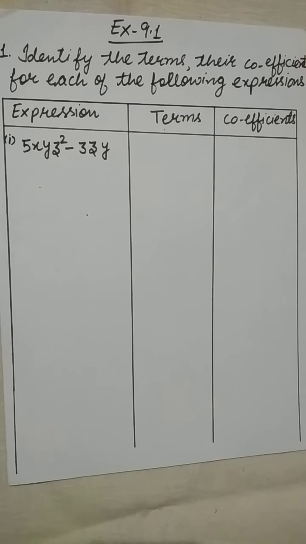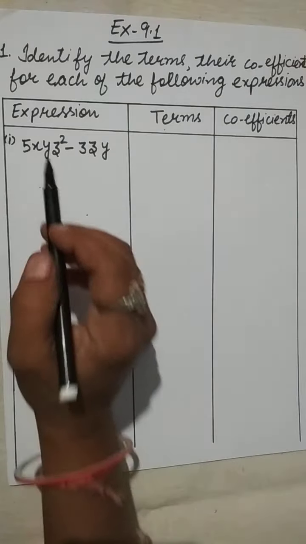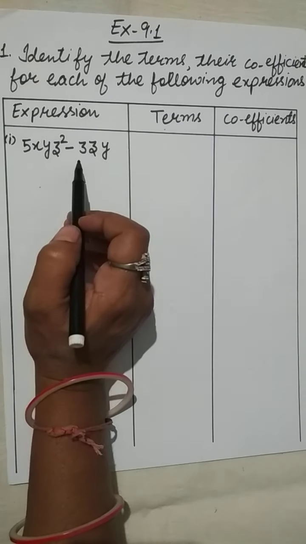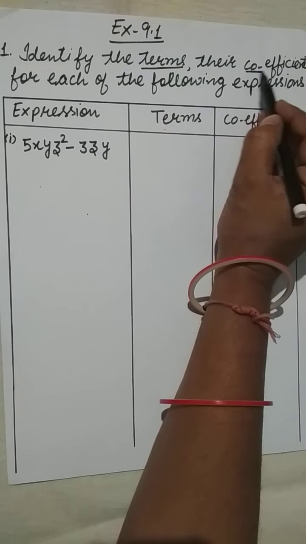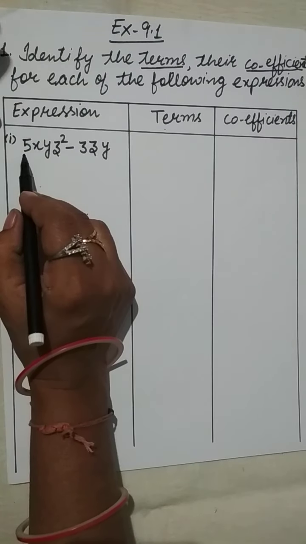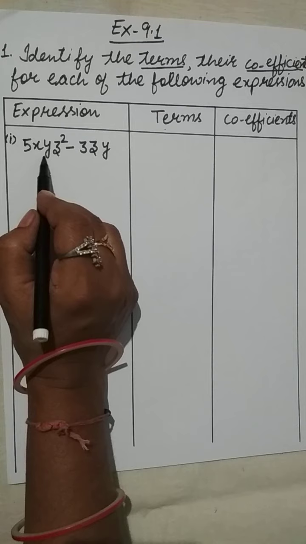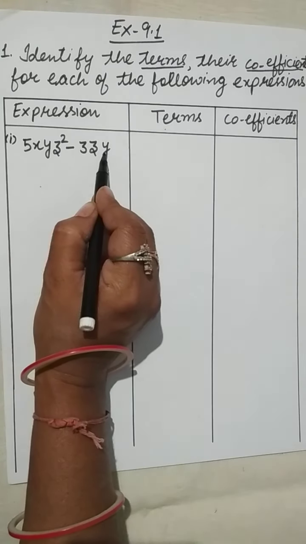Exercise 9.1. Identify the terms and their coefficients for each of the following expressions. Question number 1. In question number 1, algebraic expressions are given in which we are to identify the terms and their coefficients. Now the first expression is 5xyz square minus 3zy.